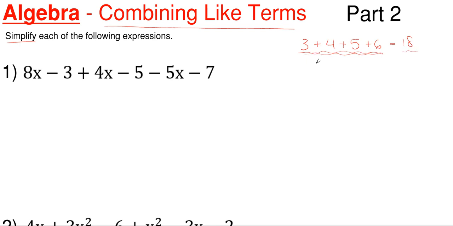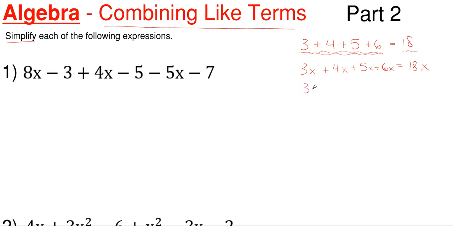Well, the same thing can be done if there are variables attached to these numbers. So if you had 3x plus 4x plus 5x plus 6x, well, you would just bring your variable that is very similar between all of these numbers over here and then add the numbers together, which once again would be 18x.